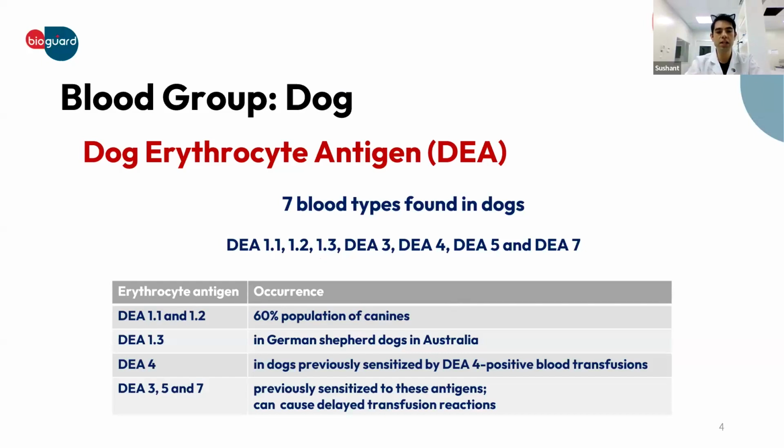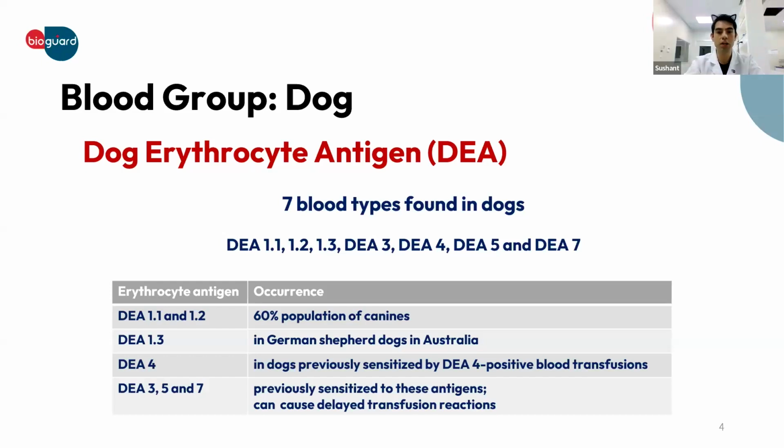Out of those, DEA 1.1 and 1.2 are identified in 60% of the dog population worldwide. DEA 1.3 is, for example, most prevalent in German Shepherds, especially in Australia.